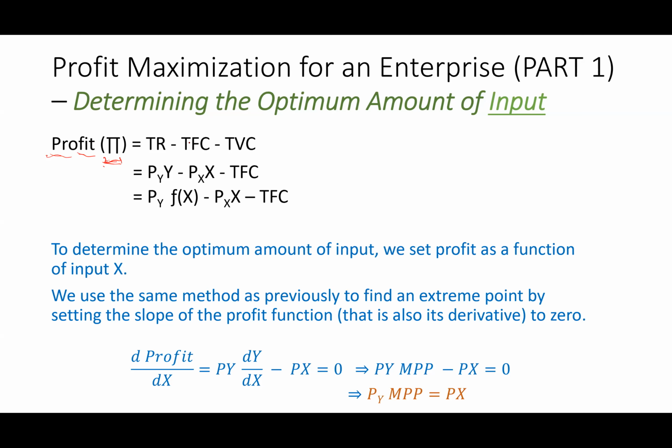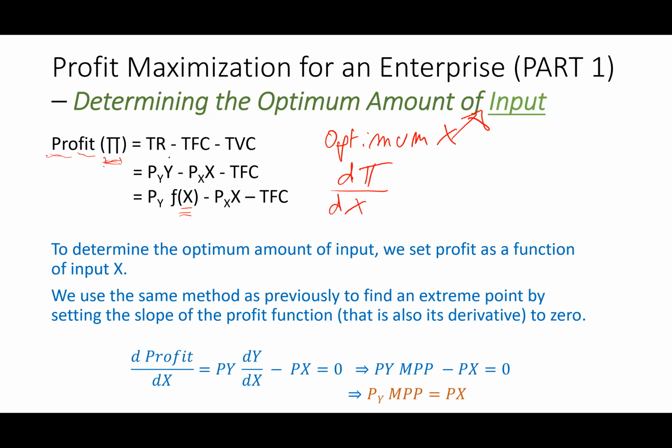So of course, profit is revenue minus cost, and we break it down. We are breaking it down because we are trying to find what the optimum X is, the optimum input. To do that, we need to derive profit as a function of input.